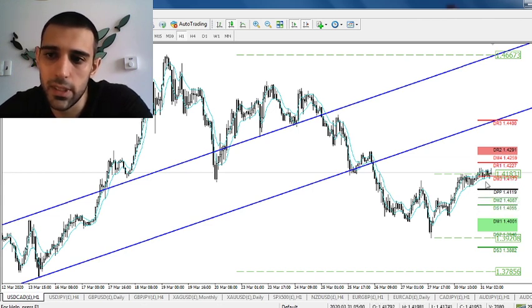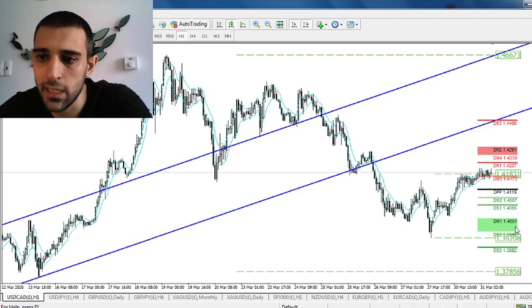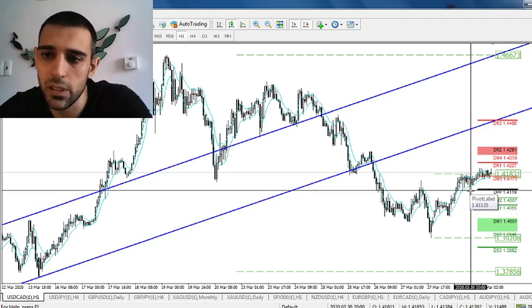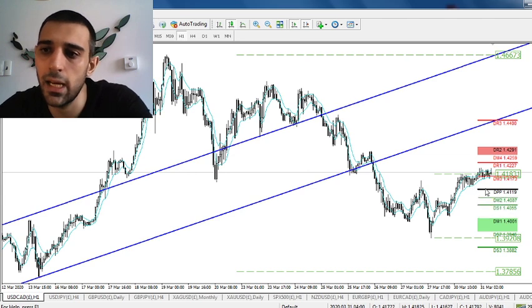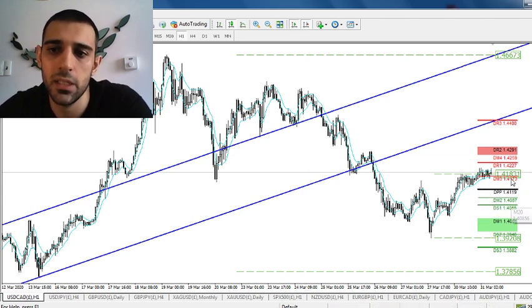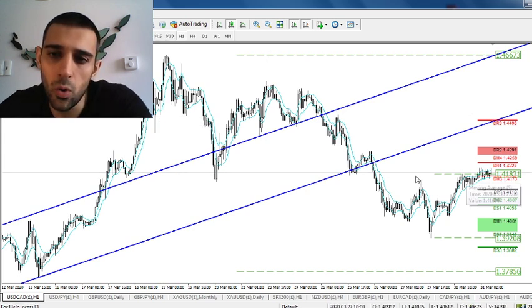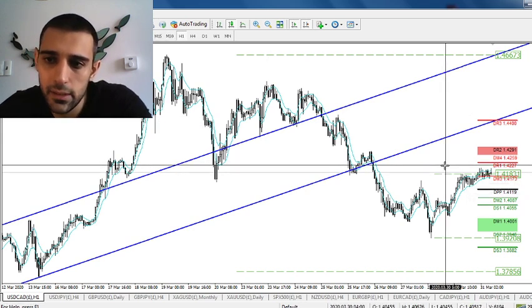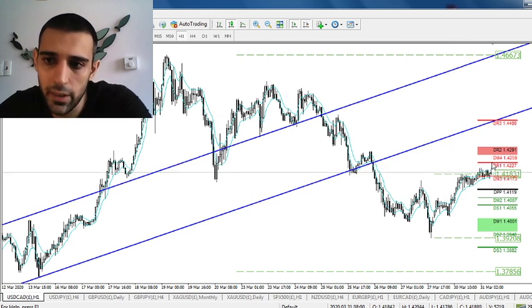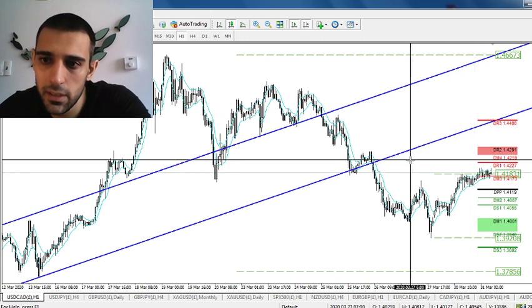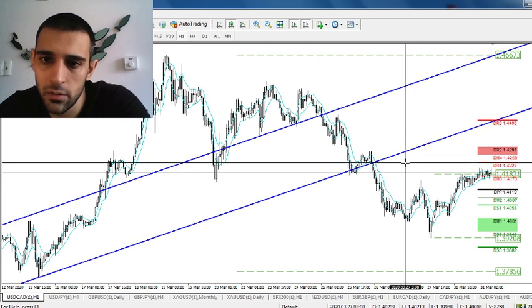So I want to see either price breaking higher or starting to break down, maybe coming down and breaking this daily pivot down here, which is the 141.19 area, around 60 pips away. Or if the price shows some strength and comes up, maybe it has a reaction on this daily R1 at 142.26.